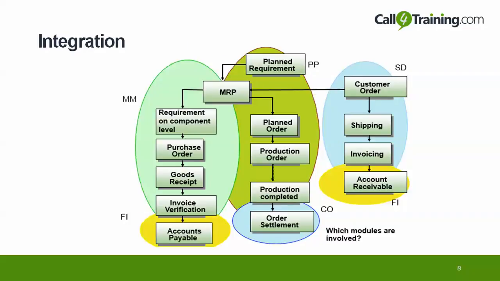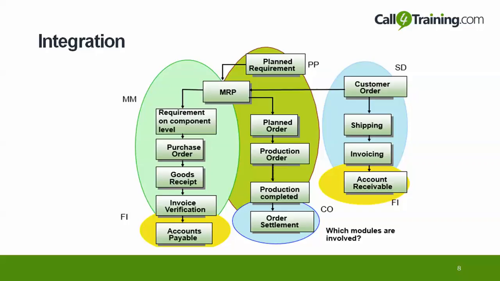Now, when we say integration, in the last slide when we were talking about the various modules, it's not like the modules are absolutely independent of each other. On the other hand, they are very, very closely related. For example, when we plan a requirement, we decide that we are going to produce something, we are going to plan it. So the planning requirement would be a part of PP, that is product planning. That would determine the MRP, the requirement at component level, what all is required for it, what material is required.